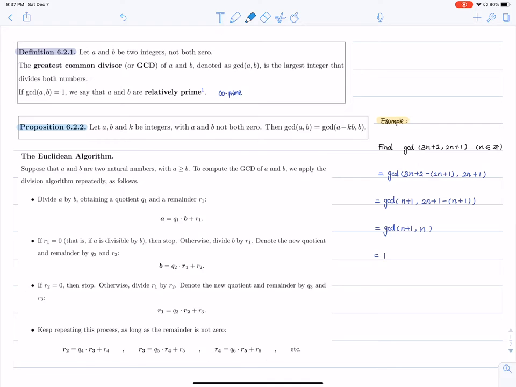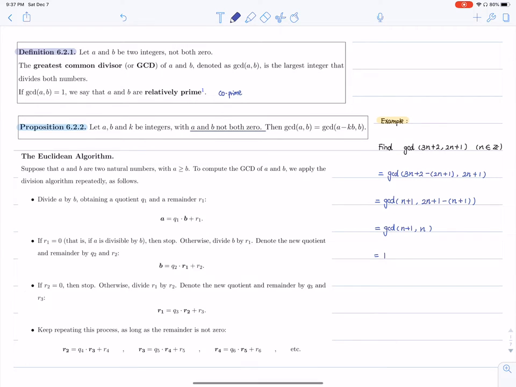If a, b, k are integers with a, b both not 0, then GCD of a and b equals GCD of a minus kb and b. Here they are saying a and b are both not 0. This is because the minimum value of GCD is 1. It cannot be 0.